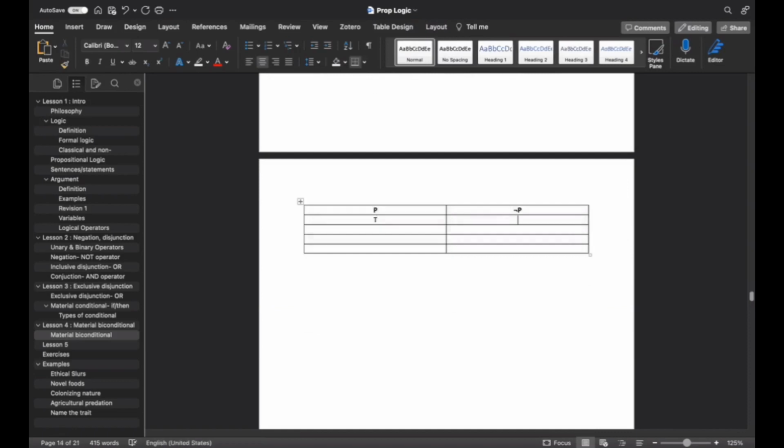Okay, you're going to need another column. So you want another column, yeah, for P and not P? Can you see my screen? Yep. I've got a column for P, I've got a column for not P. You said you wanted another column, yeah, for P and not P. P conjunction not P. Okay.